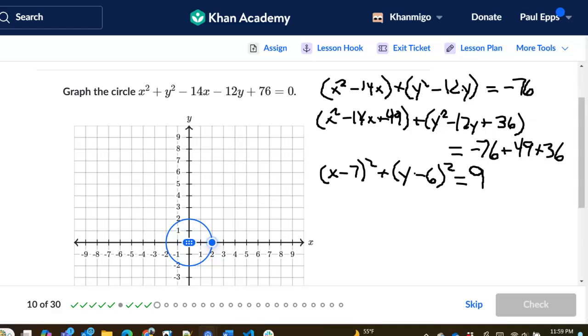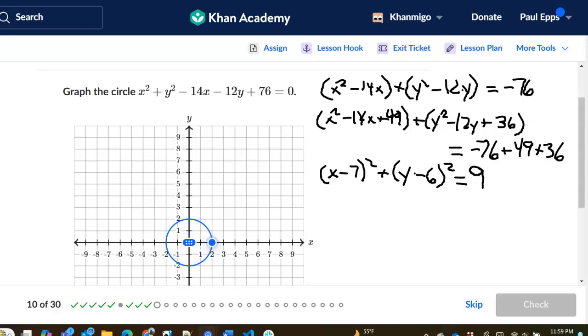All right, so now we can get it into a standard formula, and that would be x minus 7 squared plus y minus 6 squared equals 9. The center is going to be at 7, 6, and the radius is going to be the square root of the term on the right side of the equal, so the radius is going to be 3.